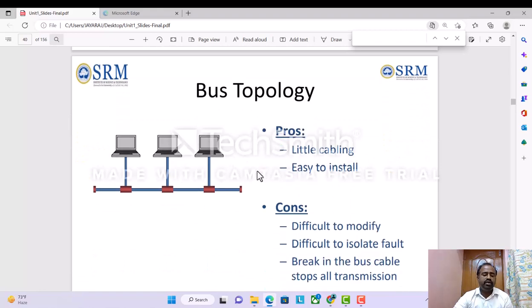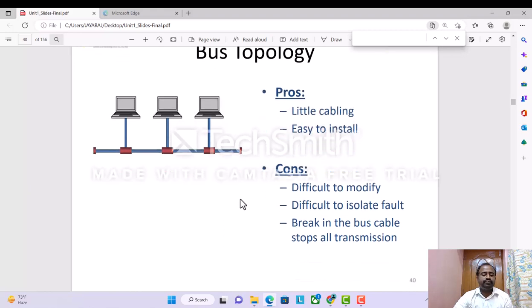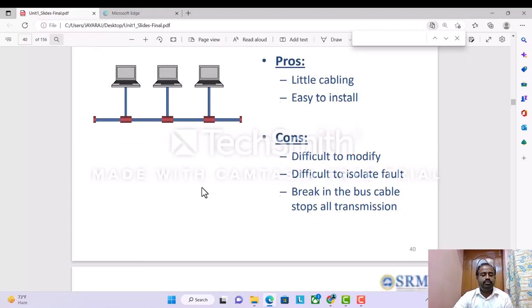See, the cabling will also be very less. It is very easy to install. The main problem is it is difficult to modify, which means if you want to change the connection, it will be a little difficult. Then it is difficult to isolate the fault. Then if there is any break in the bus, all the communication will be stopped.